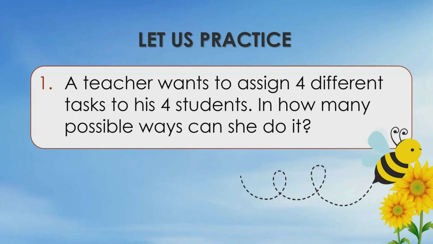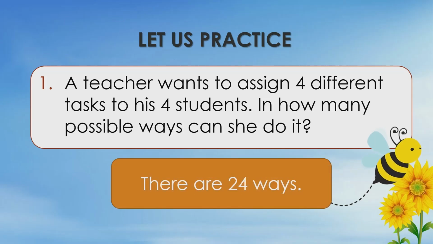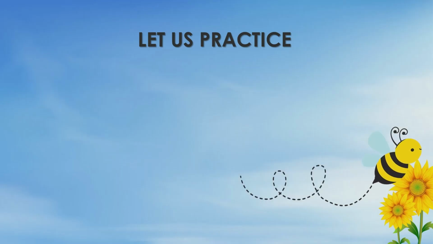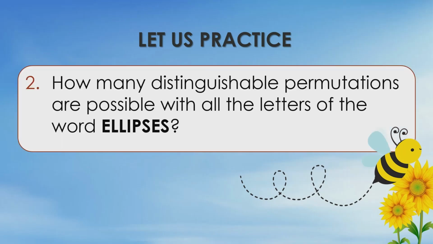If your answer is 24, then you are correct. There are 24 ways. Number 2. How many distinguishable permutations are possible with all the letters of the word ellipsis? Start.